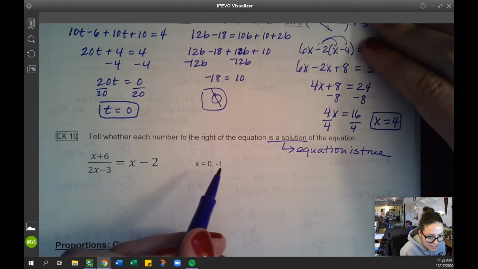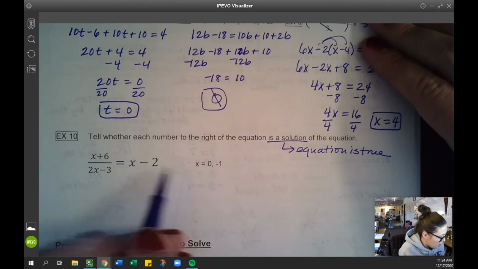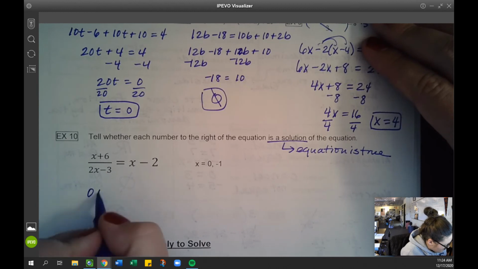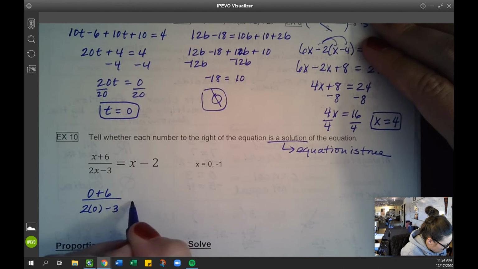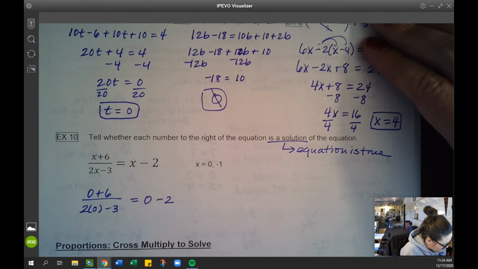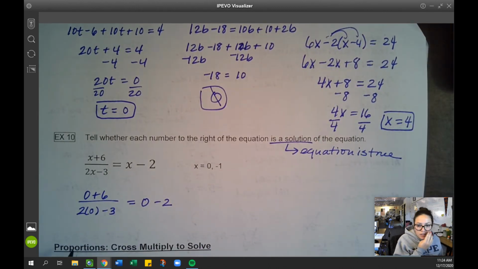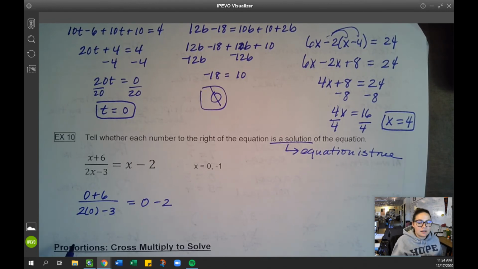And then I'm going to replace every x with -1. So if x is 0, I have 0 plus 6 over 2 times 0 minus 3 equals 0 minus 2. And what I'm going to do is simplify it to see if we end up with something that is a true statement.